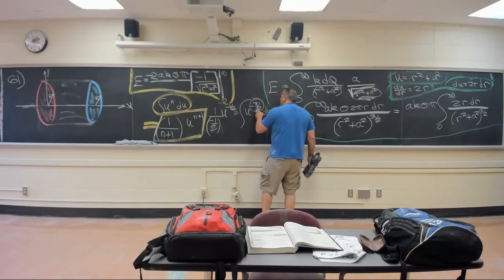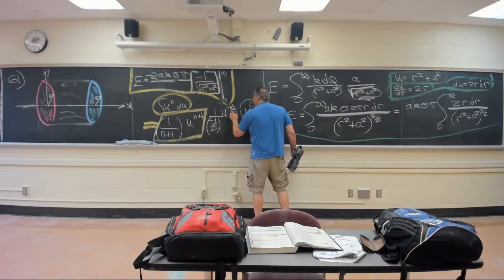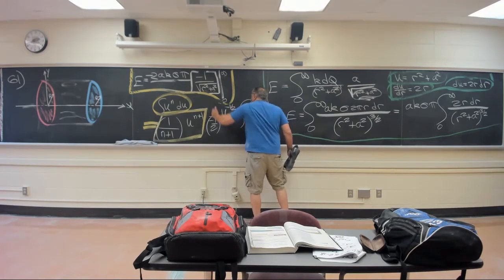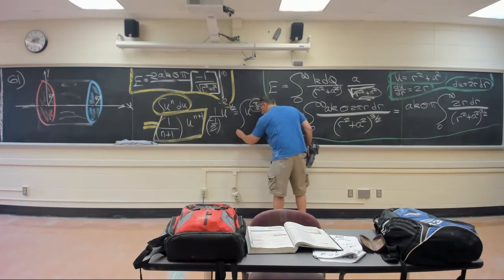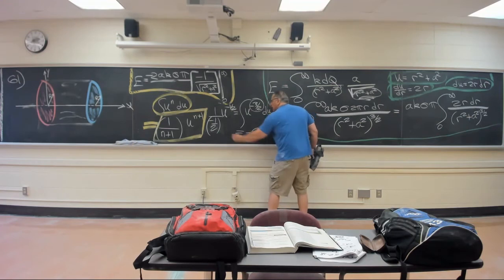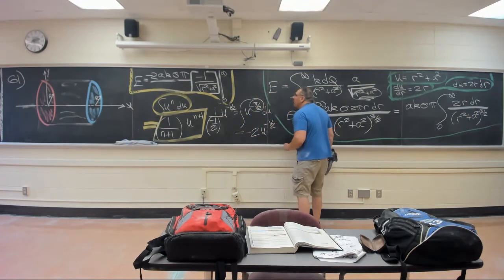You add a positive 1 to negative 3/2, and you get negative 1/2 for the exponent. And you go 1 over that negative 1/2, and you end up getting negative 2 u to the negative 1/2.